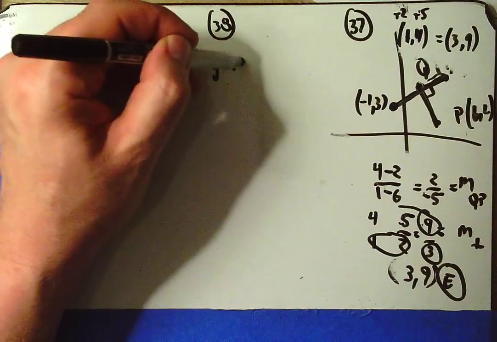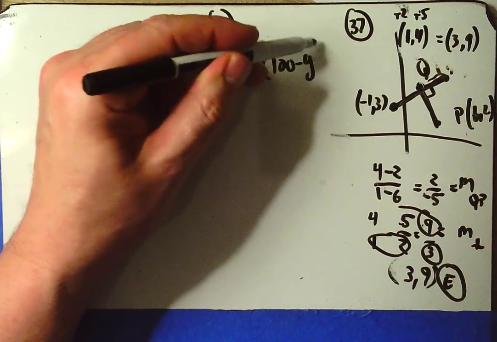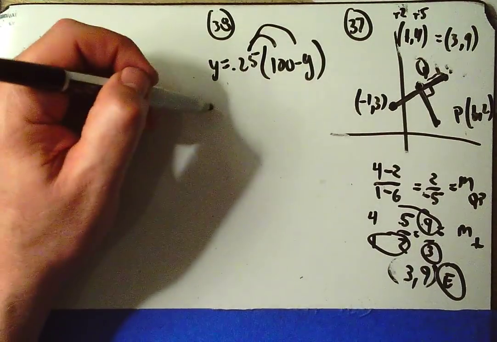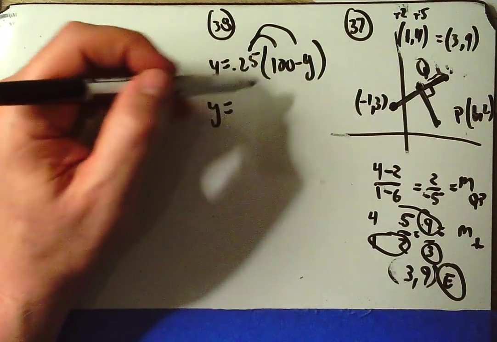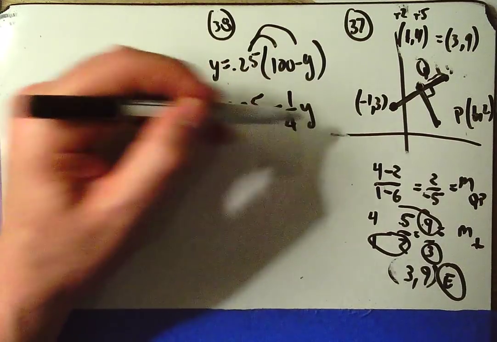Number 38: y equals 0.25 times 100 minus y. Most students distribute, and we get y equals a quarter of 100 is 25 minus 1/4 y.